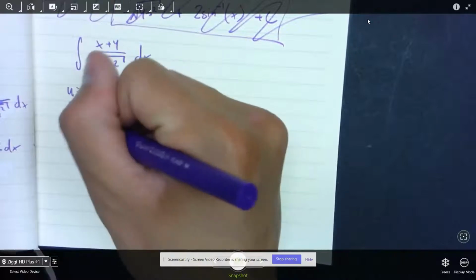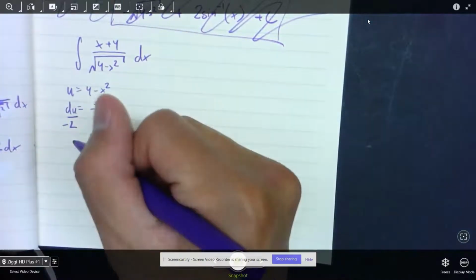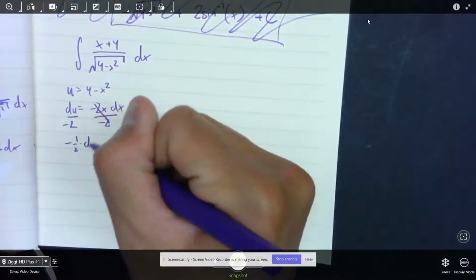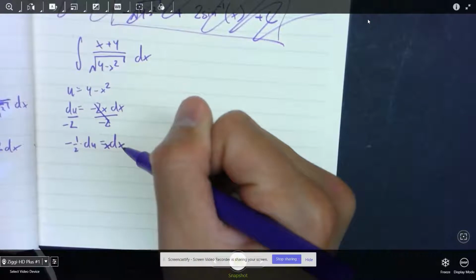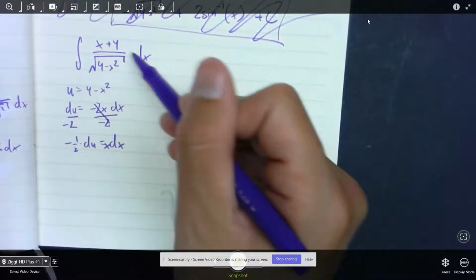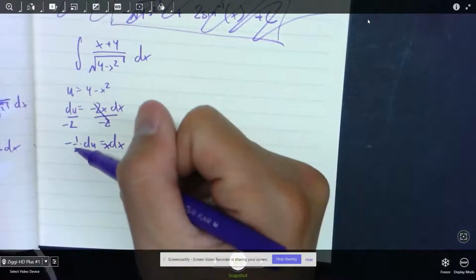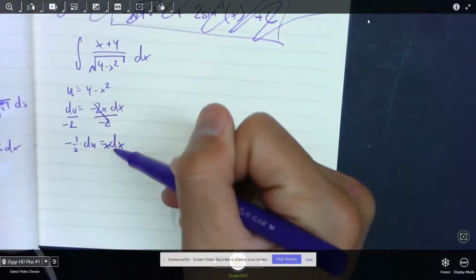I think some of you guys already have a problem with this, which is good, because there is a problem with this. Then you have negative 1/2 du is equal to x dx. So that means I can replace the x and dx with a du statement that is completely equivalent. Cool. So that looks great, right?